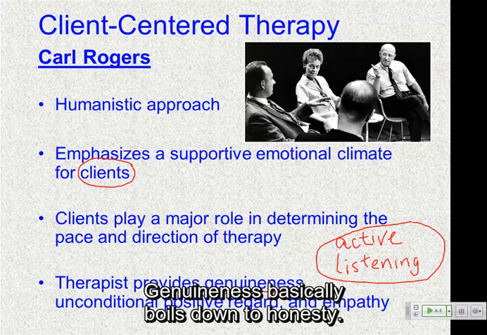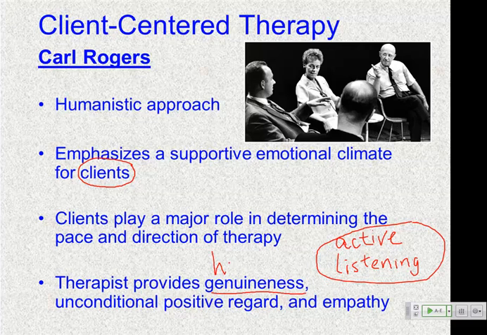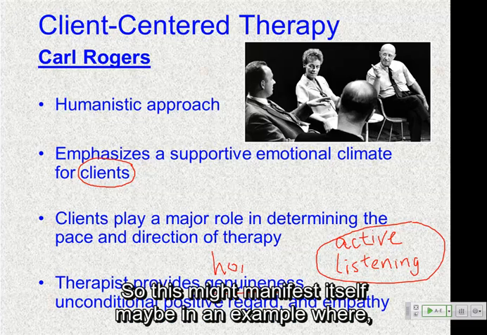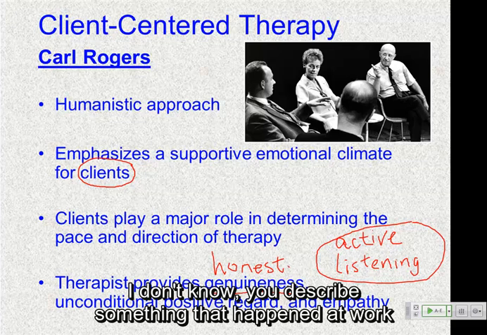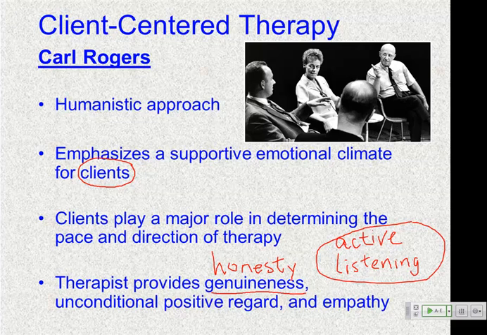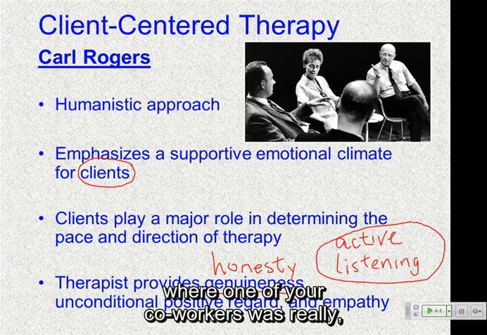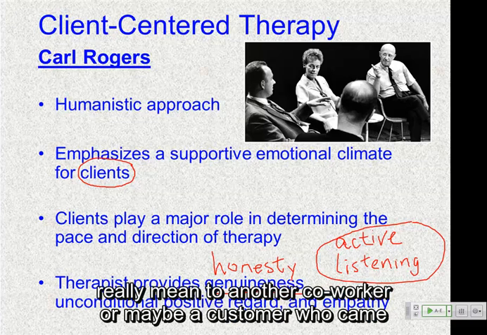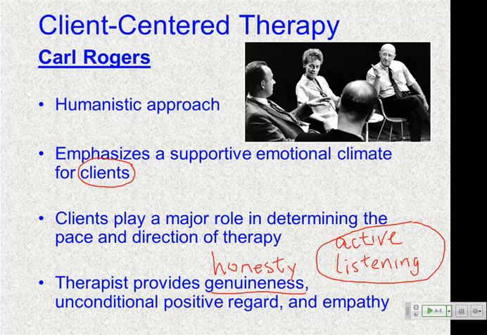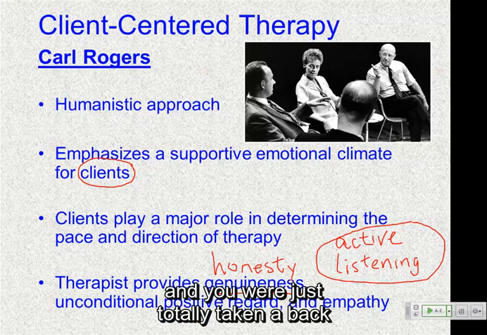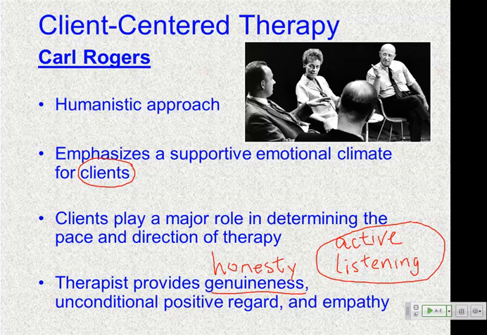Genuineness basically boils down to honesty. An example: you describe something that happened at work where one of your coworkers was really mean to another coworker, or maybe a customer who came into the store, and you were totally taken aback at what they did and said.